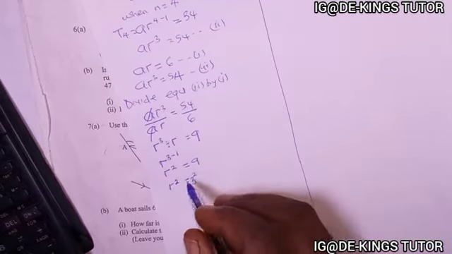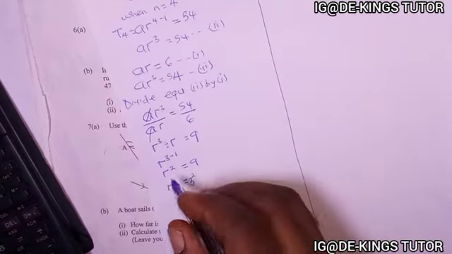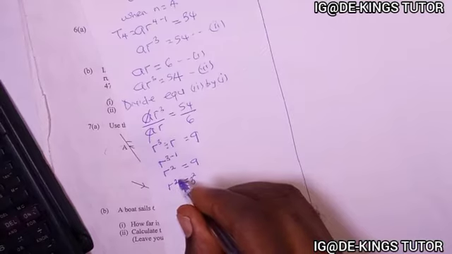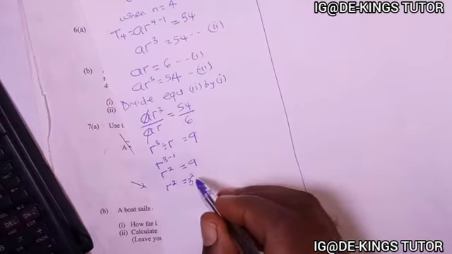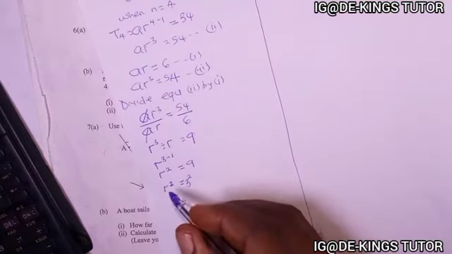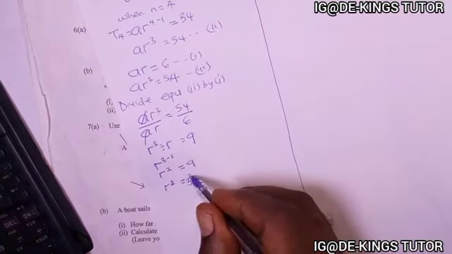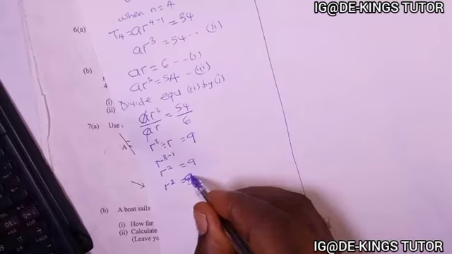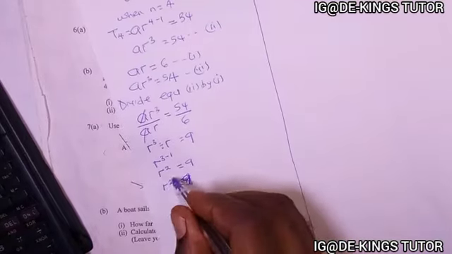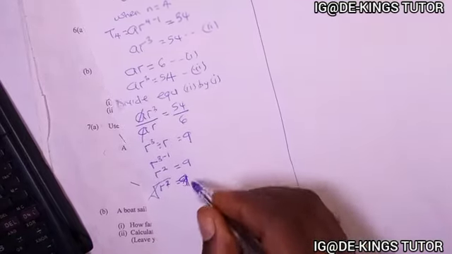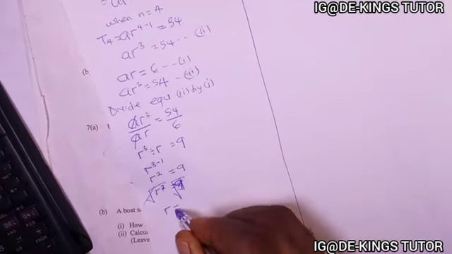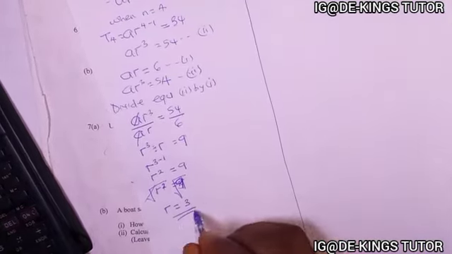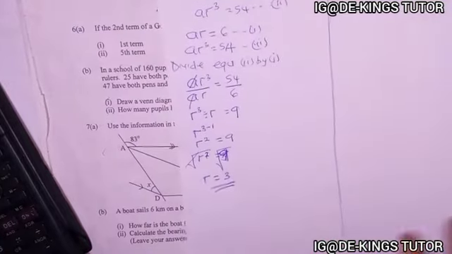The square root cancels the square, and the square root of 9 is 3. So our R is equal to 3. That is the common ratio.